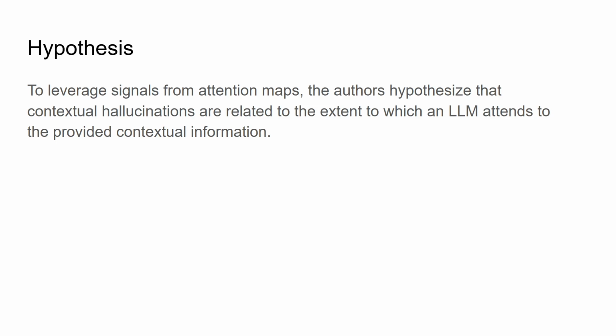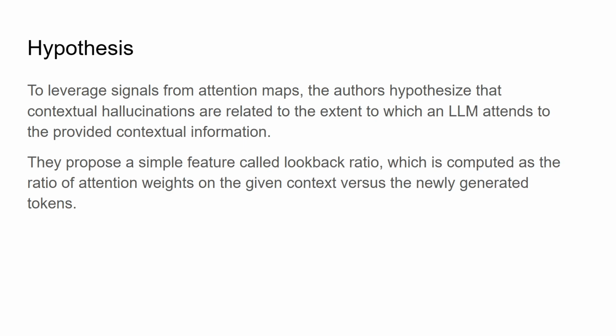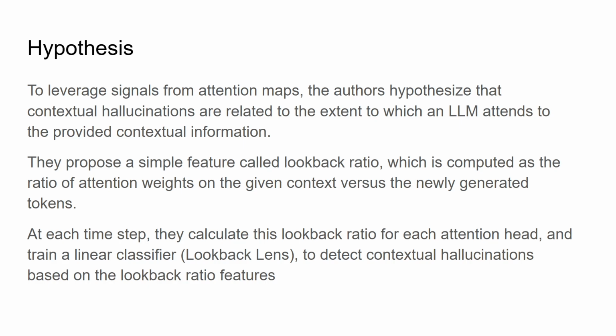If the model does not pay enough attention to the context, they speculate that this might be causing hallucinations. And then they create this feature called Lookback ratio, which is basically the ratio of how much of the attention weights was put on the context versus on the newly generated tokens.